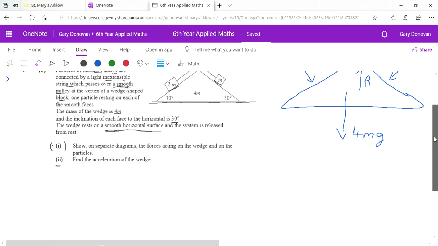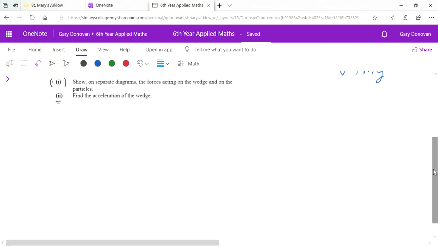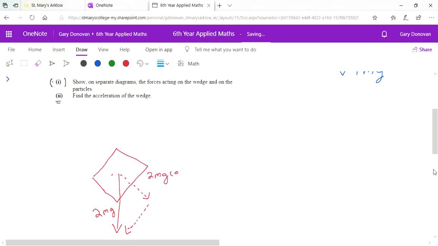Let's now have a look at the force diagram for the 2m particle. The first force is its weight, which is 2mg. We can split that up into components perpendicular and parallel to the plane, so we'll have 2mg cos 30 and 2mg sin 30.